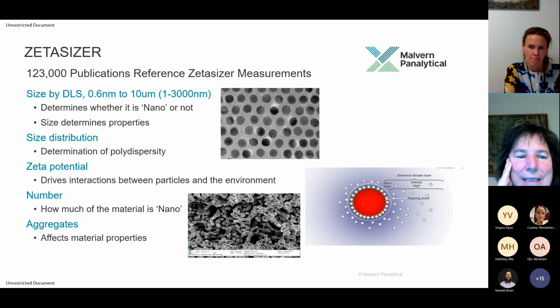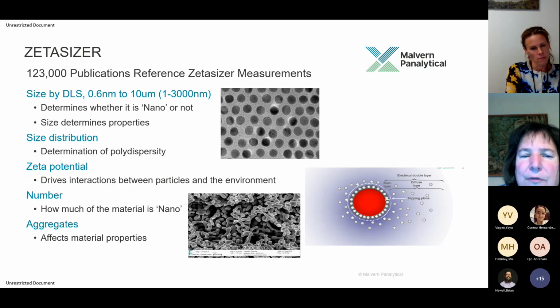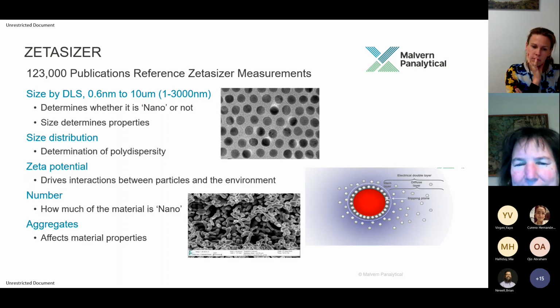And I'm sure many of you know that the size range usually included within these dynamic light scattering measurements is from about 0.6 nanometers to 10 microns. The sweet spot for any dynamic light scattering instrument is about 1 nanometer to 3,000, but the Zetasizer can measure from 0.6 nanometers up to 10 microns, and I'll show examples of that during this talk.